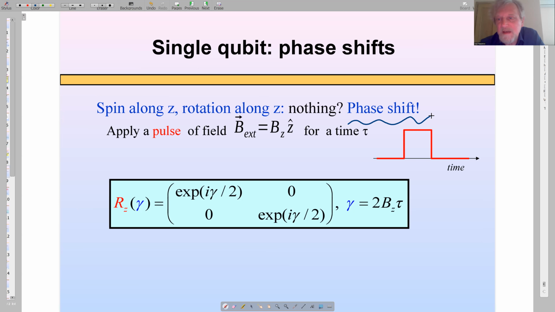This is the phase shift operator: you apply a field in that direction for a given time, and you make this phase shift. If the spin is not precisely in 1 or 0, then it will change its position in the Bloch sphere. In 1 or 0, it just acquires a phase shift, but it's also a legitimate operation which affects the work of the qubit.